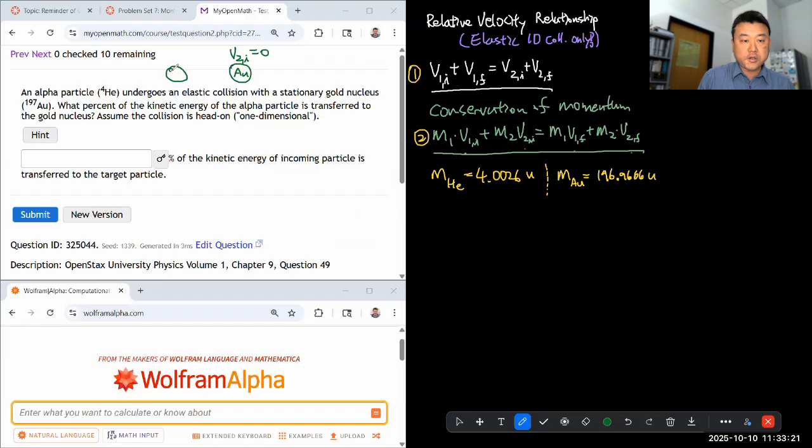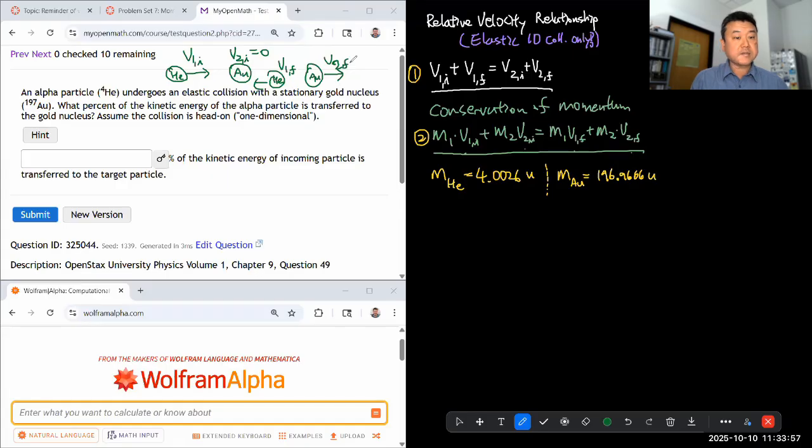There's going to be a helium that comes in with some velocity, V1 initial, and then they will collide, and after collision, I think the helium will bounce back with V1 final, and I'll keep it as a signed quantity. So my V1 final will end up being negative. And I'll have gold that's going to be bouncing forward with the V2 final that's no longer 0.